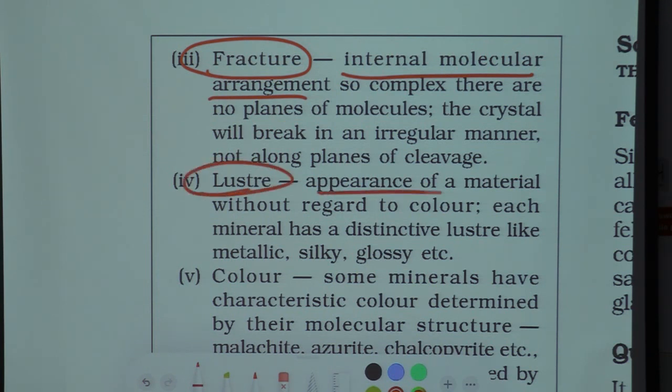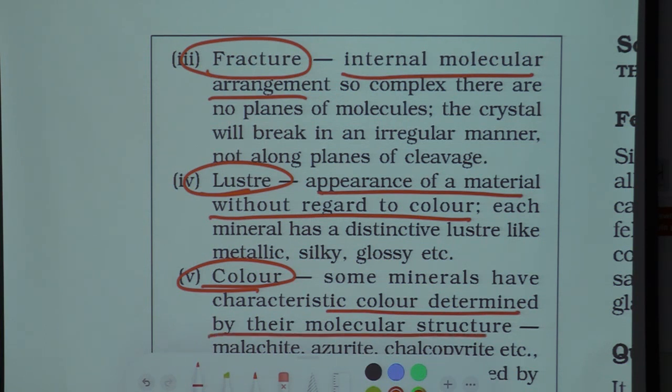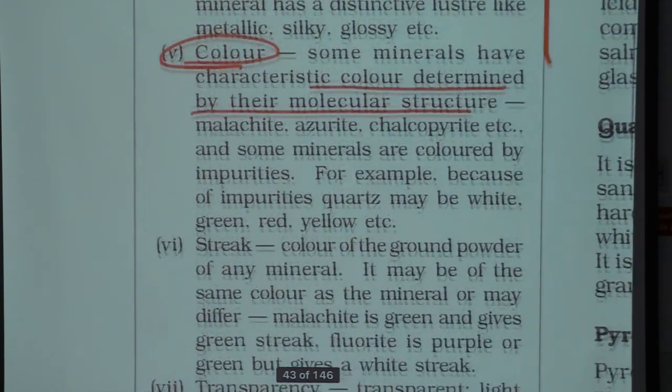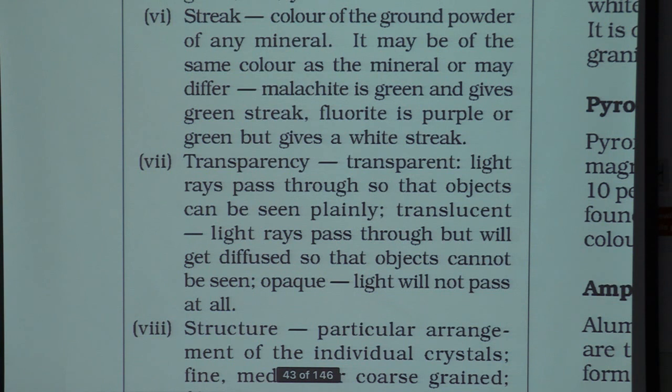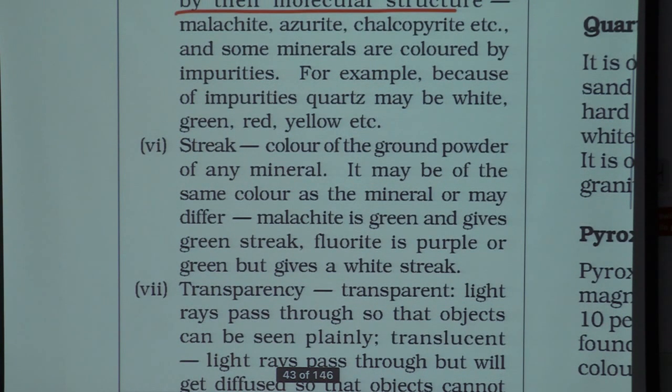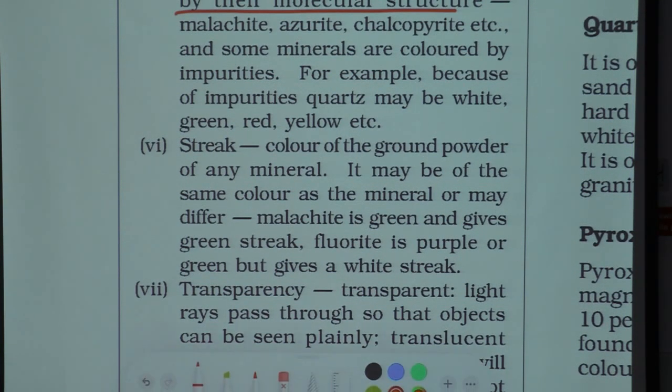Luster. It is the appearance of the material without regard to the color. Some minerals have characteristic color determined by their molecular structure. And if we continue with the list altogether, what are the constituents that we are getting? Number 6, 7 and 8 are visible here for us to handle. So let us go with 6. We have already seen streak, transparency.